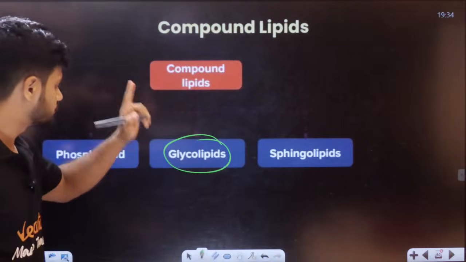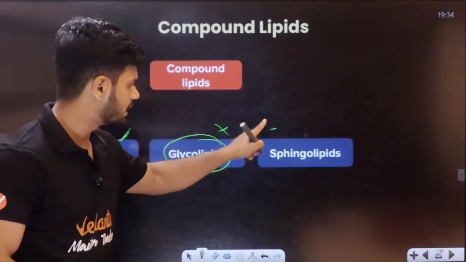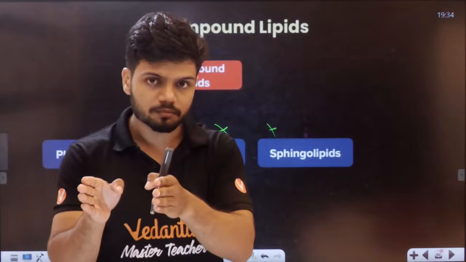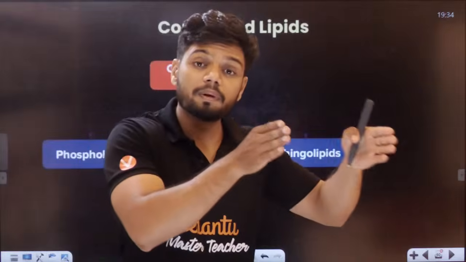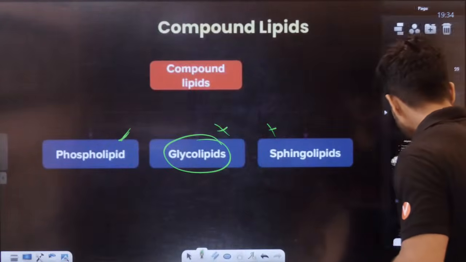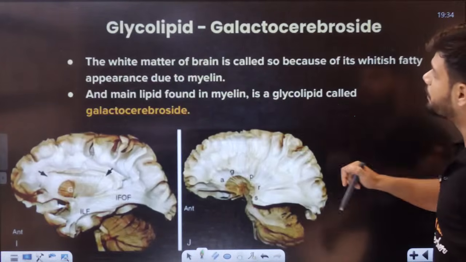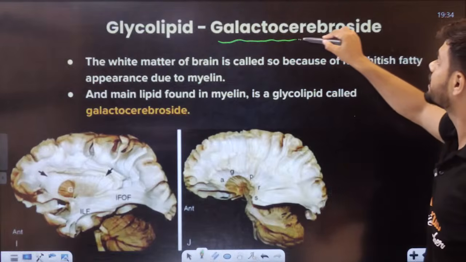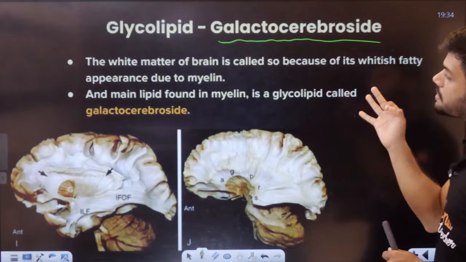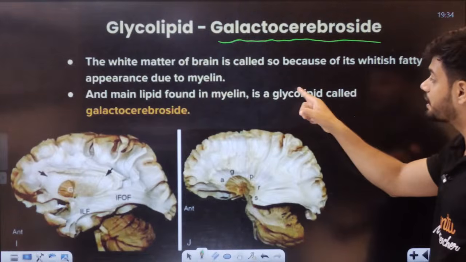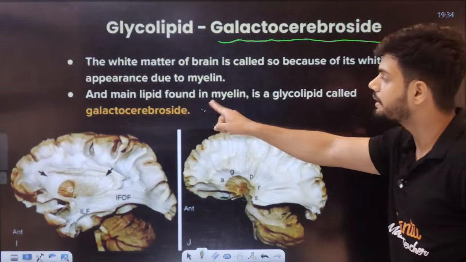Glycolipid will have fatty acid plus glycerol plus sugar, a carbohydrate, next to it. One example of glycolipid is galactocerebroside.